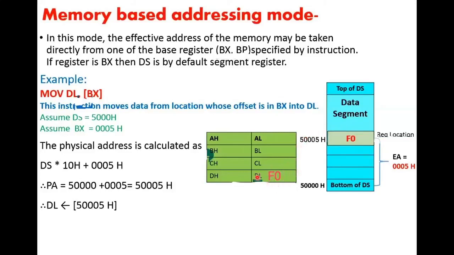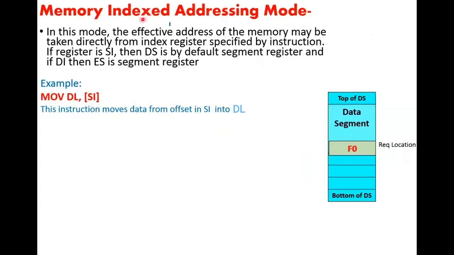I hope you understand this based addressing mode. The next one is indexed addressing mode. From the name index, we should understand that we will use SI or DI inside the square bracket.